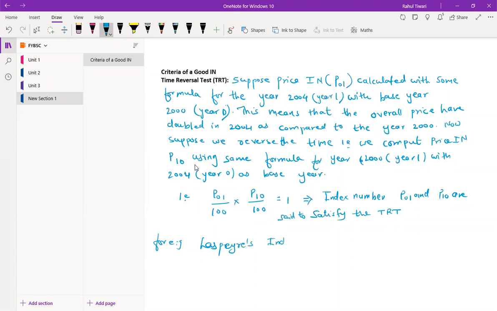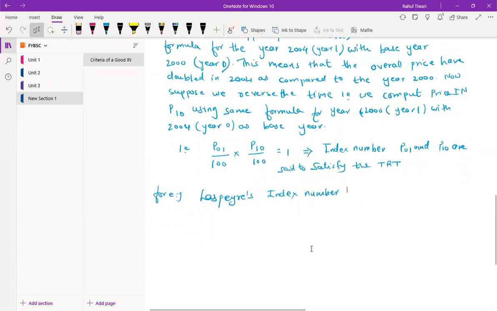So what is Laspeyres price index number? What is the Laspeyres price index number? Anyone can tell what is the definition? What is the formula? Remember anyone?